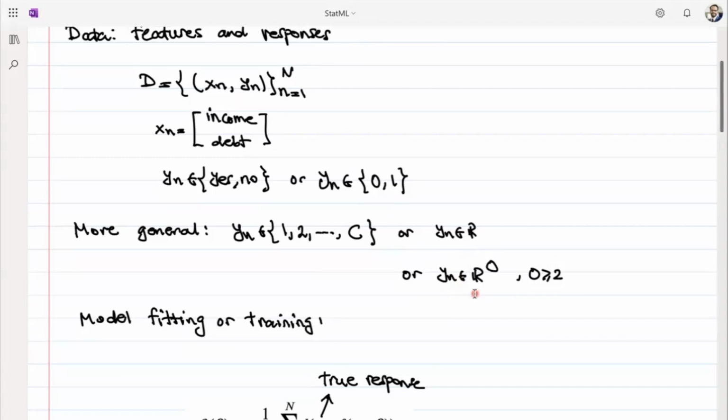For example, in a manufacturing problem, usually you look for multiple mechanical properties and not just a single one. And therefore, here we have R^O, where O is greater than or equal to 2. For now, let's just focus on the simple case of binary outputs. But throughout the semester, we're going to focus on all of these types of outputs.